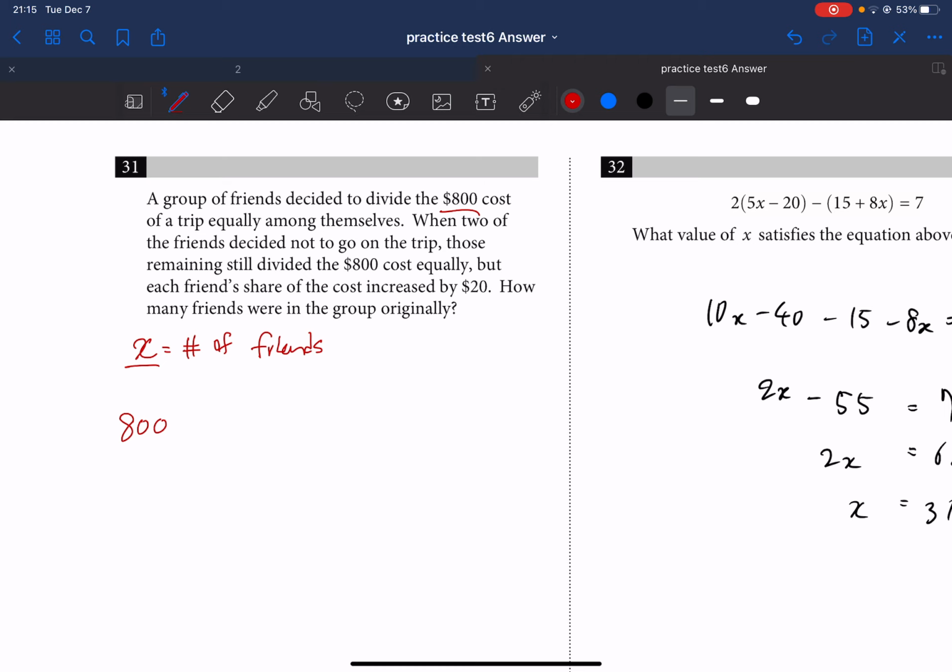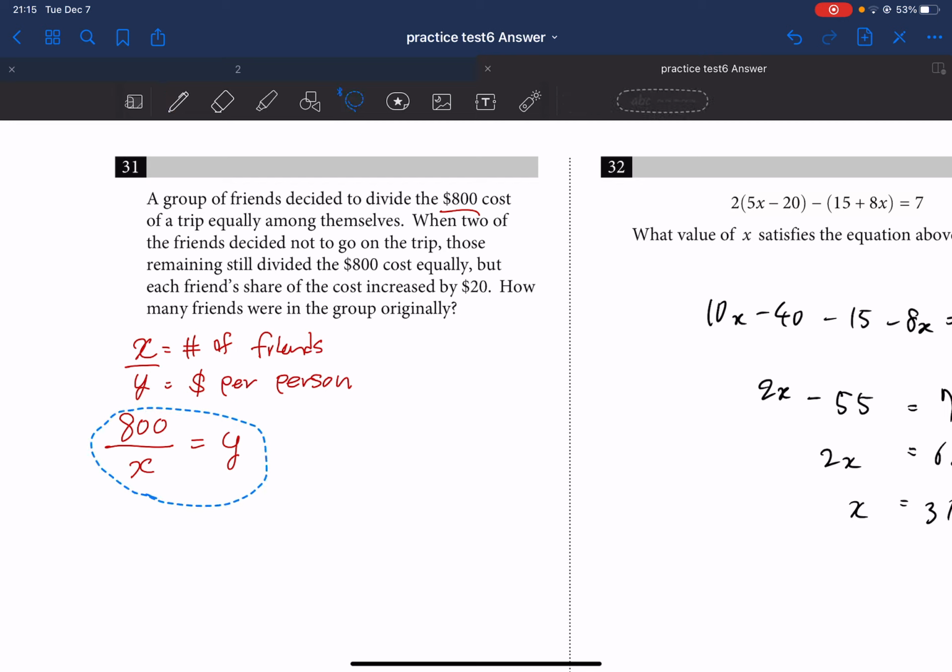That's the amount of cost of the trip, and then we divide by the number of friends, so that you can find the y value, which is the dollars per person. Okay. And what do we have next?